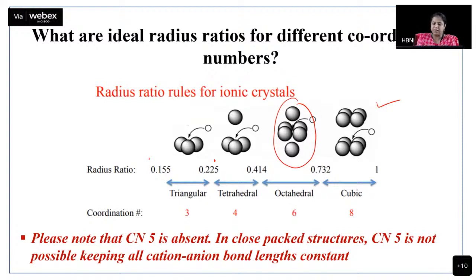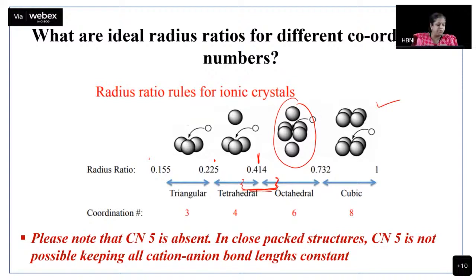As soon as I make it 0.415, it decides, now I'll have octahedral. No, it doesn't happen. I have this fixed value, but in a range, in a bracket, these particular ratios are called the borderline ratios.